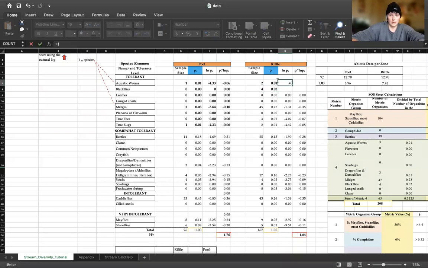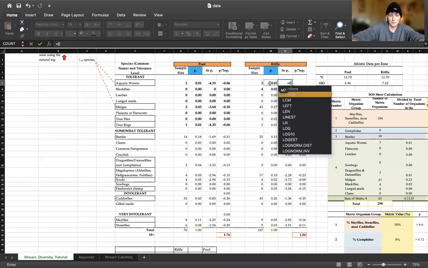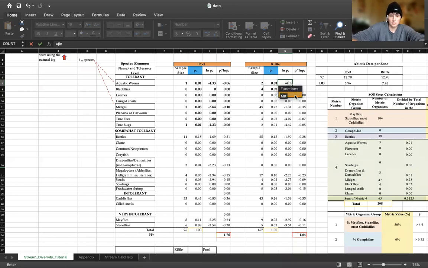And then take the natural log of P sub I. And then multiply those two columns. And you're going to do all of those again for the riffle. I know it's tedious, but you'll get through it, I promise.